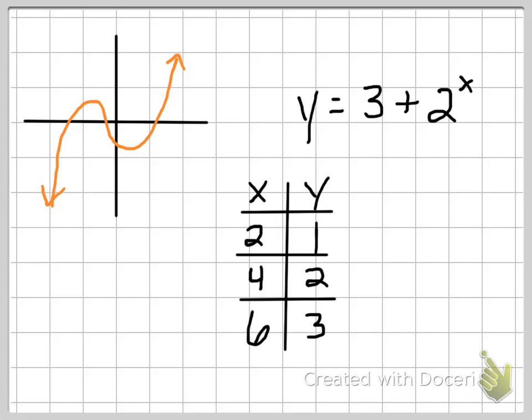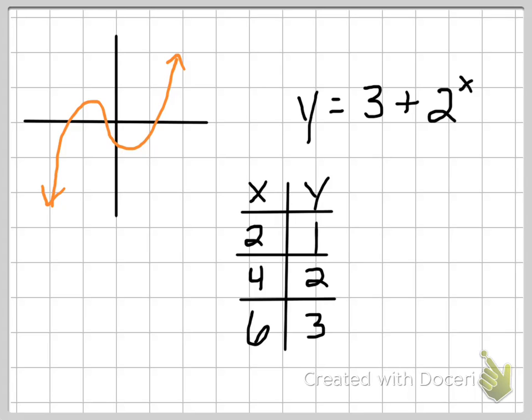Okay, so you should be able to look at any of these 3 things and be able to tell whether this is from a linear or a nonlinear function. So let's look at each one and determine which they are.